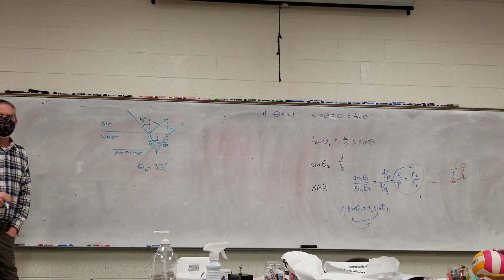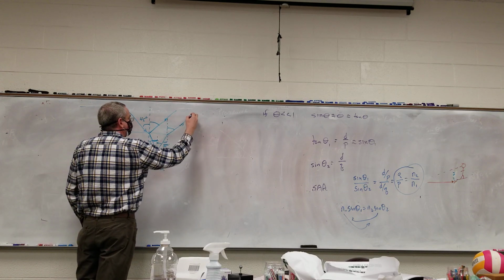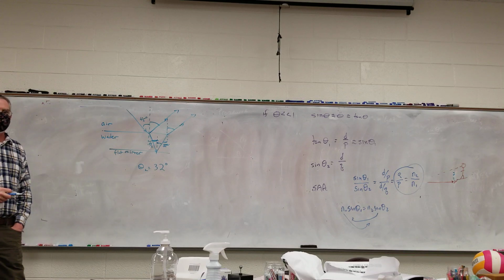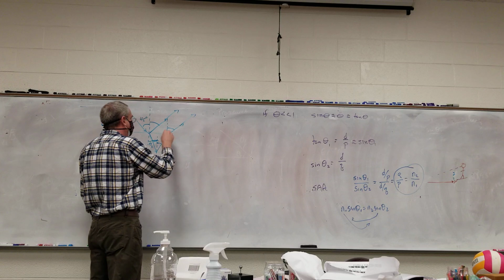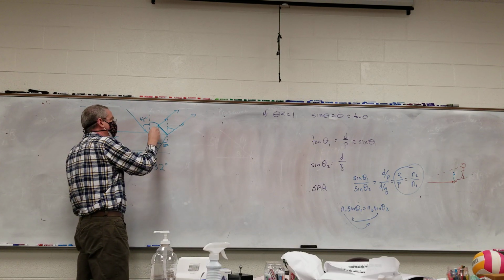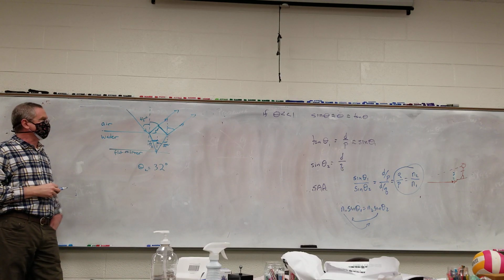What's that angle? So you now have these two light waves coming in that are slightly out of sync with one another. The difference between the light is that distance right here.